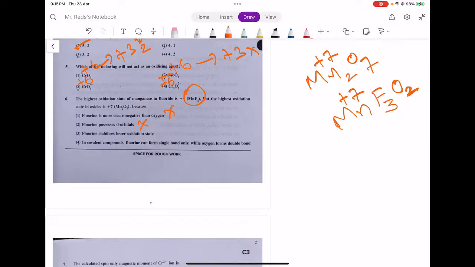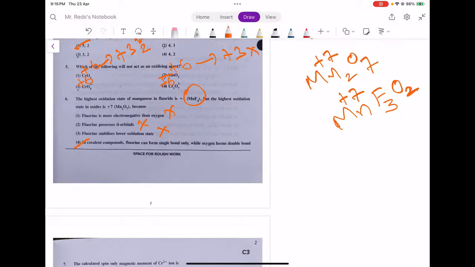In fluorine, the outermost orbit is the second orbit, and in that second orbit only s and p orbitals are present, no d. Fluorine stabilizes lower oxidation state: this is not correct. Fluorine stabilizes higher oxidation state. If you go through, the fourth option is the correct one.